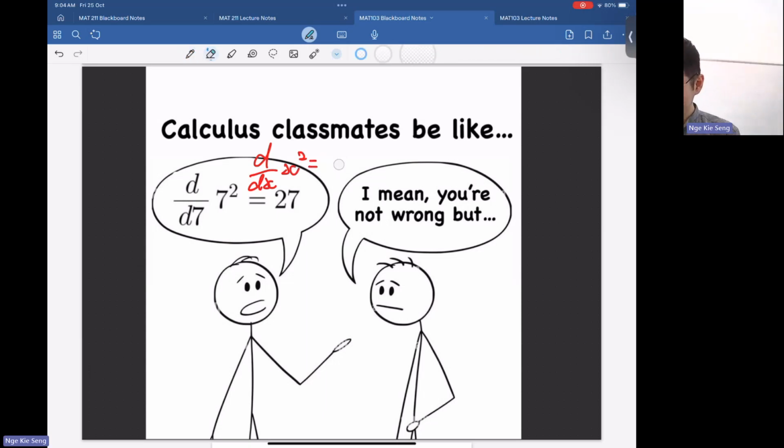Sorry, 27 to x. So this is what happens if you just teach formula, if you just learn by example. Correct or not? If I'm a student, I also can replace x with 7. Correct or not? But what does differentiation mean?